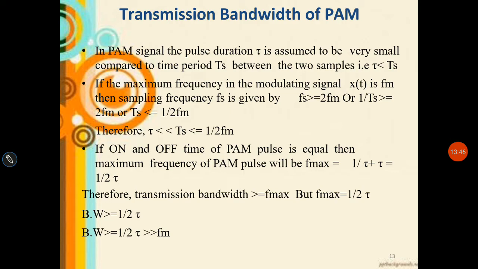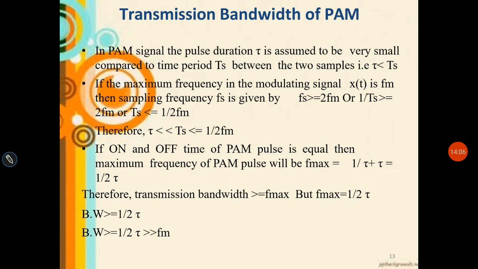This is according to the sampling theorem. Or 1 by Ts must be greater than or equal to 2 Fm, or Ts must be less than or equal to 1 by 2 Fm. Therefore, tau is very, very much less than Ts, which means it is very much less than 1 by 2 Fm.